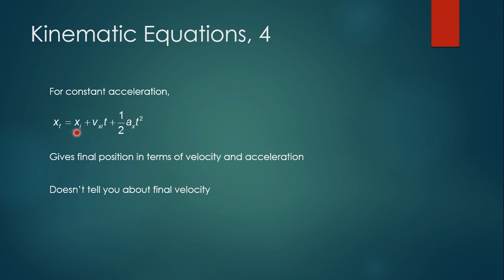Now xi is just the term which tells us the initial position of the object. If we consider that to be 0, then this becomes the same equation, s is equal to ut plus half at square. So we just write this to be more concise and clear: xf, the final position, is given as xi plus vxi into t plus half ax t square.